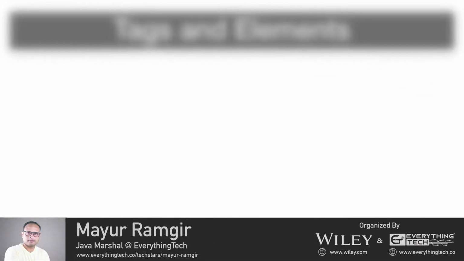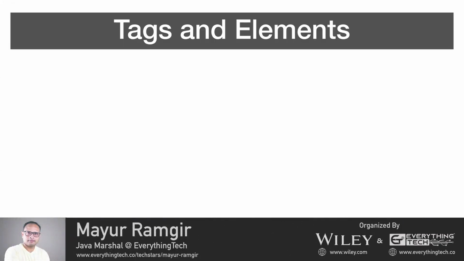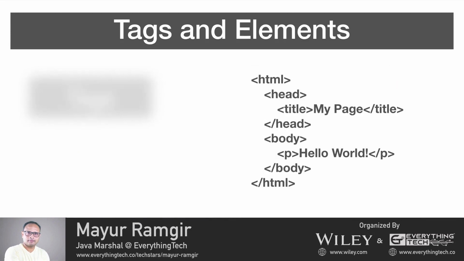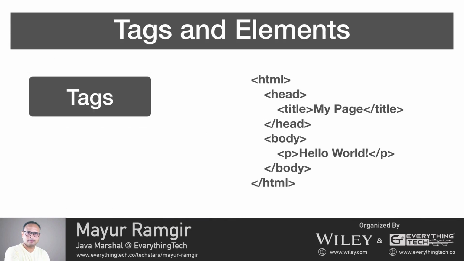Tags and elements. In this code, you can see words like HTML, head, title, body, and P, which begin with a less than character and end with a greater than. These symbols are also called angle brackets, and these angle brackets and words make a tag.